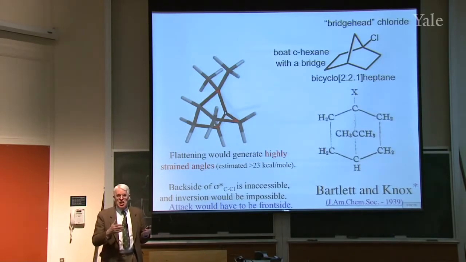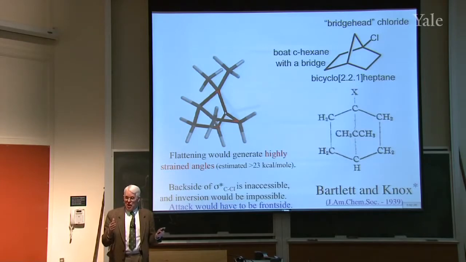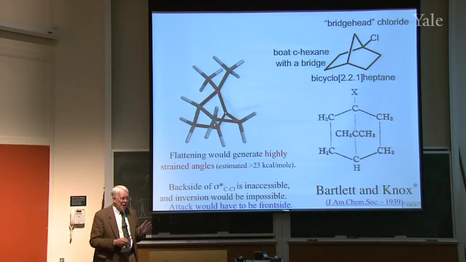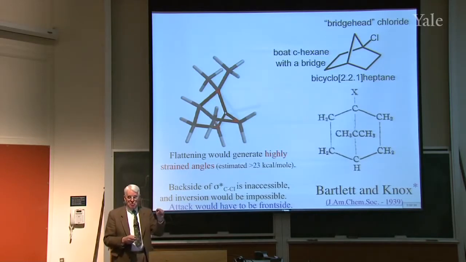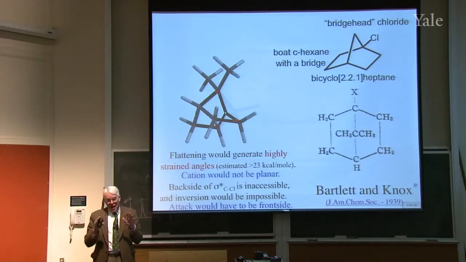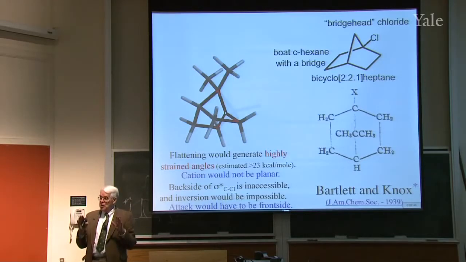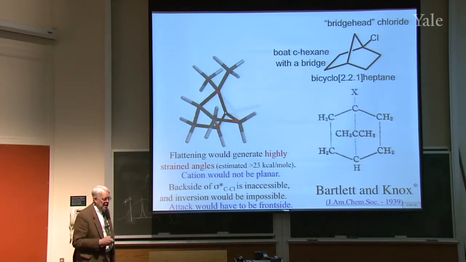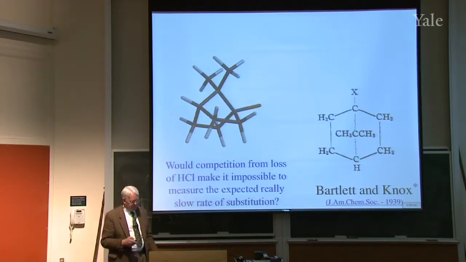So it would be a 10 to the minus 16 factor in rate, right? Forget that, okay? So they've designed the molecule so it can't go backside displacement, and it can't give the cation either, lose the chloride to generate the cation, right? So the cation, if you were to get a cation, it would have to not be planar. Otherwise, it would be slowed down by 10 to the 16th fold. Okay, so they've set up to answer those two questions.